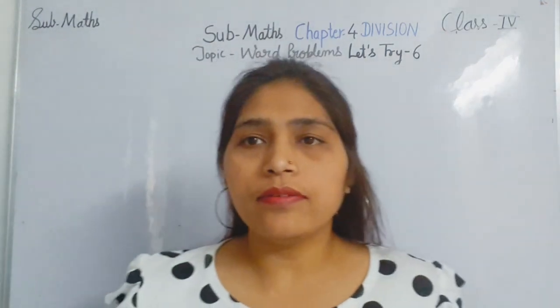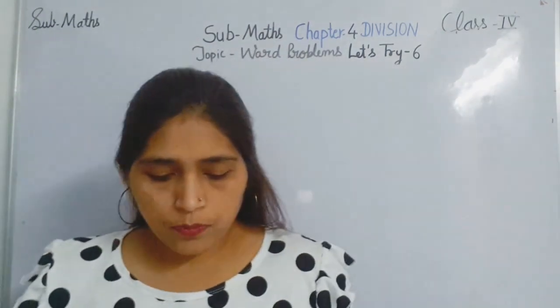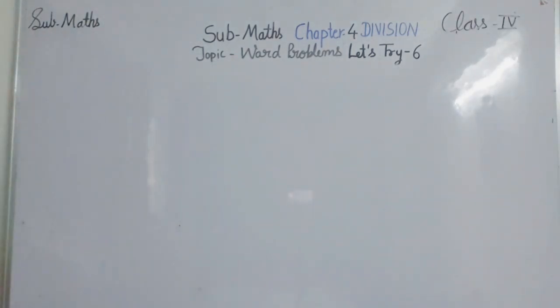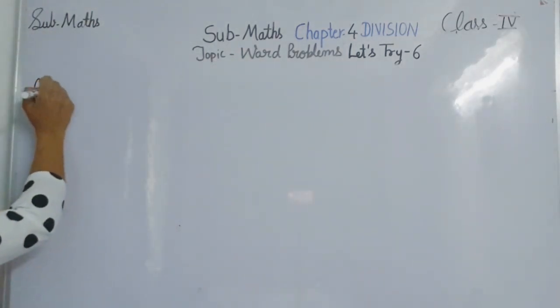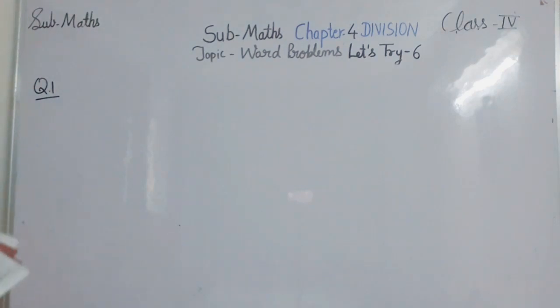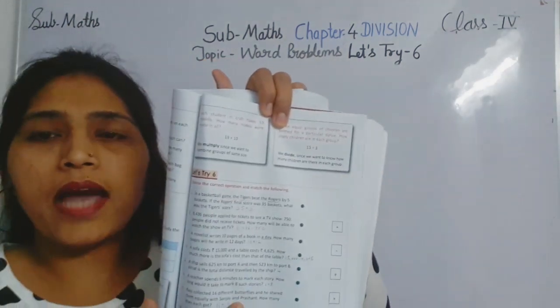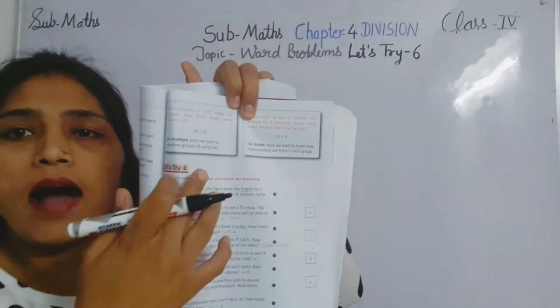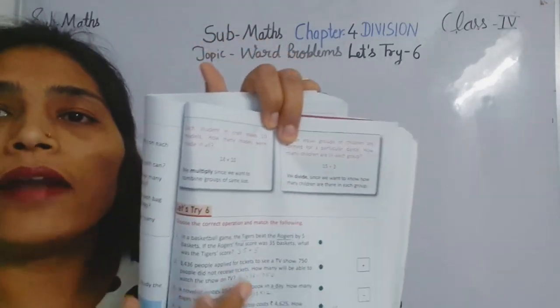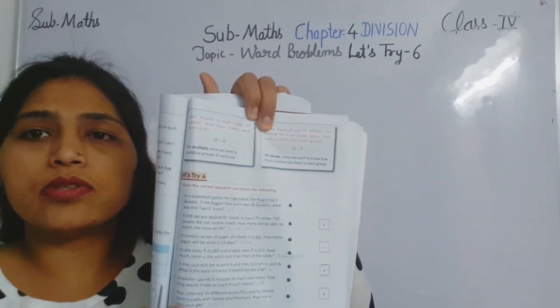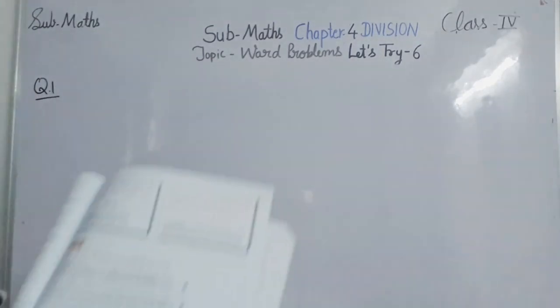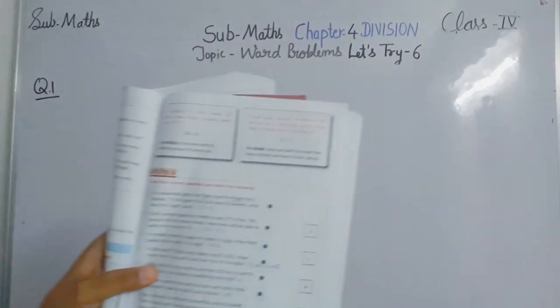Let's start. First problem I am doing here. No need to do these problems in your notebook, beta. I am just explaining which sign we will use and why we are using that sign, so I am explaining on the board. What you have to do is just match it.